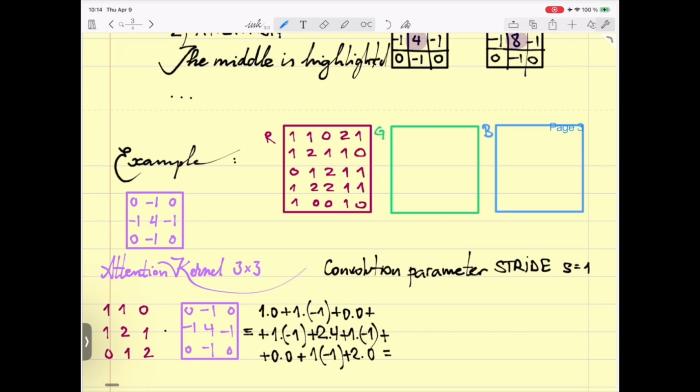You see the most important one is going to be the center of our window. This yields -1, -2, plus 8, 6, minus 1, minus 1, this is going to be yielding 4.